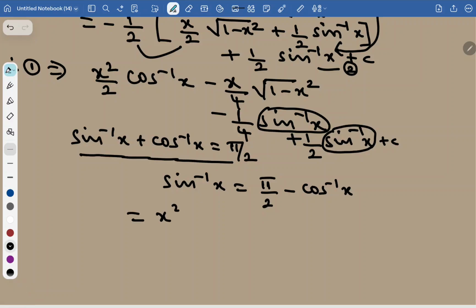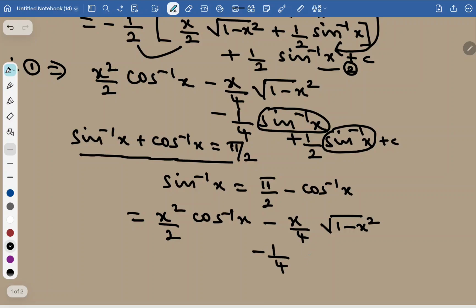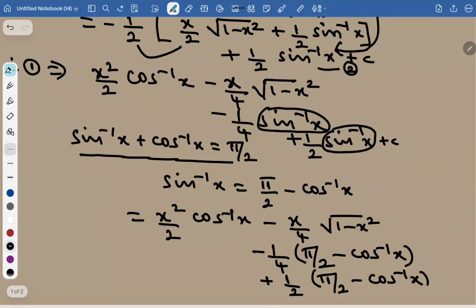which is equal to x square by 2 cos inverse of x minus x by 4 root of 1 minus x square minus 1 by 4 into pi by 2 minus cos inverse of x plus 1 by 2 into pi by 2 minus cos inverse of x plus c.